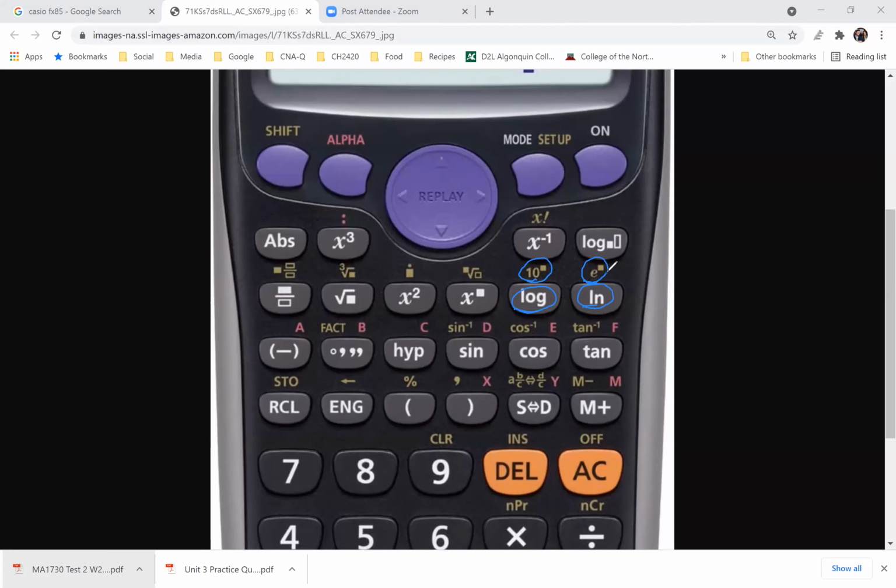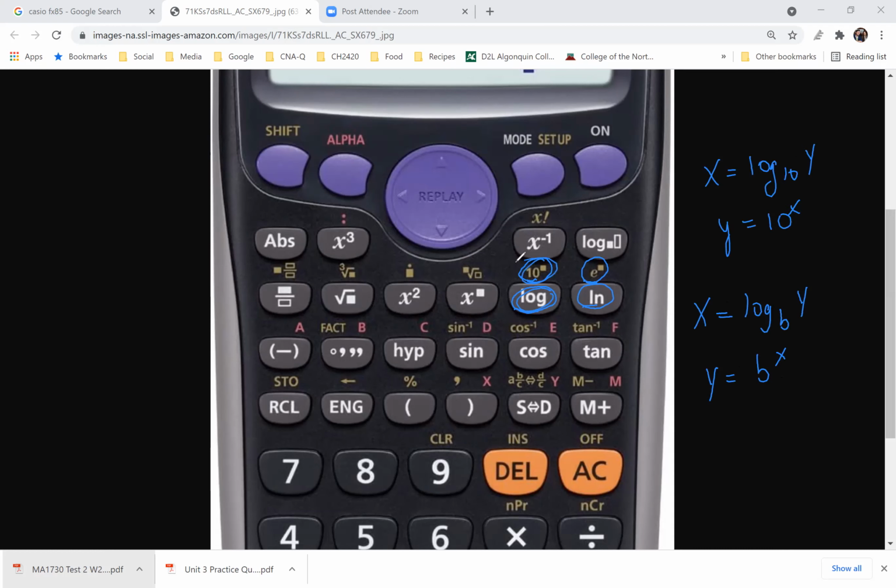So, we know that x equals log base b of y, and y equals b to the x. Well, just look at your calculator. The second function of log is 10 to the x. So x equals log base 10 of y, y equals 10 to the x.